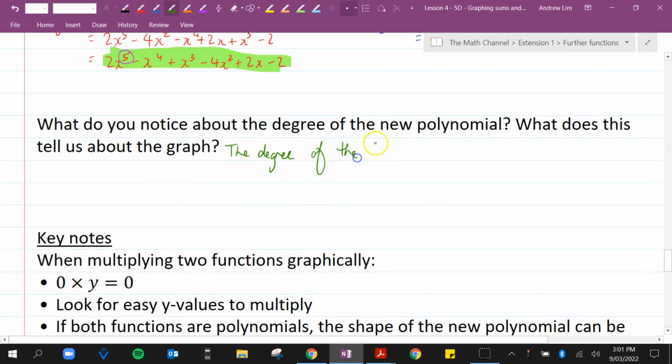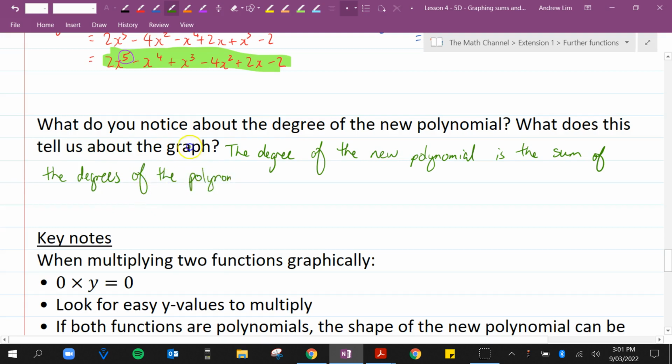The degree of the new polynomial is the sum of the degrees of the polynomials that were multiplied. So this tells us the shape to expect.